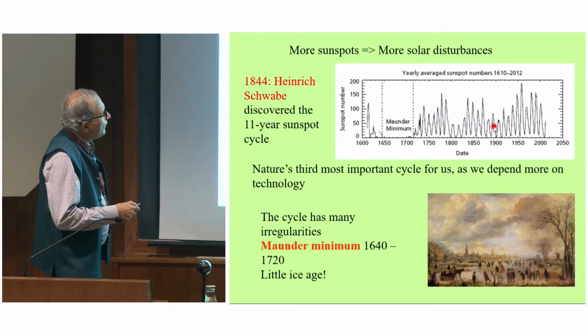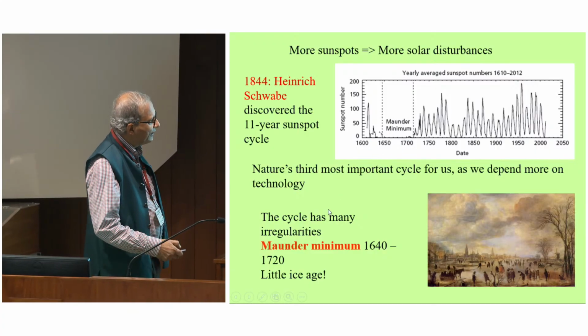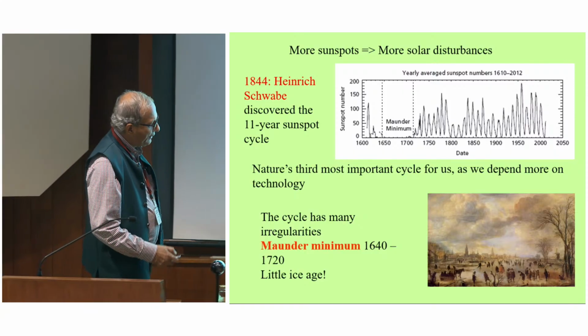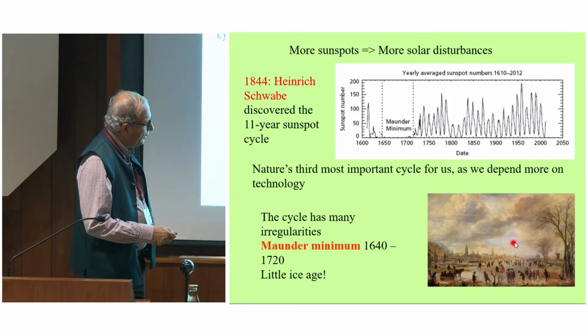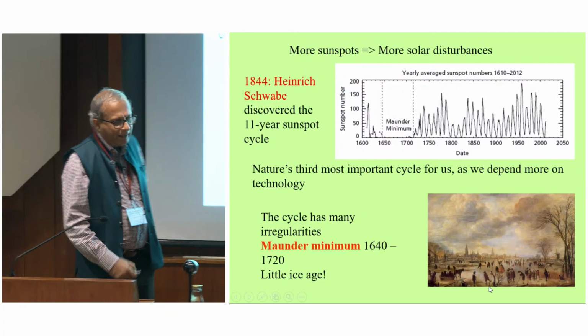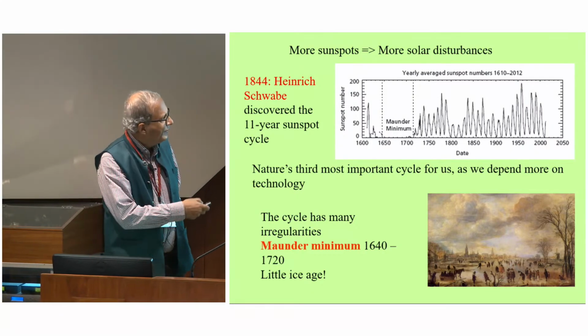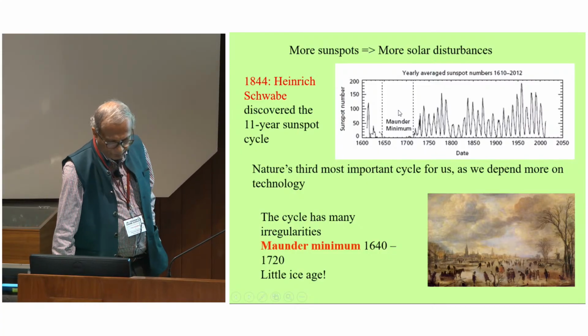But that was a time when landscape painting was very popular in many regions of Europe, and some of the well-known landscape painters have left us paintings showing frozen canals and frozen rivers which do not freeze nowadays, indicating that it was a time of unusual cold climate.